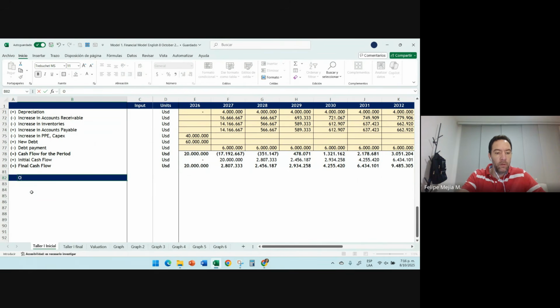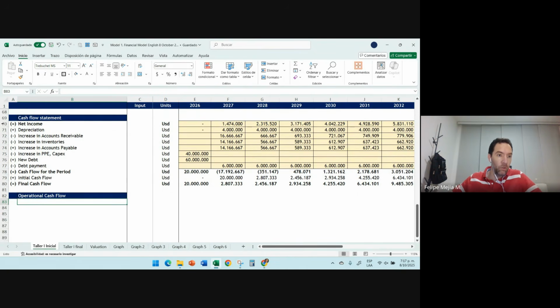The operational cash flow is very different from what we have here. So let's take a look at it. It does not start from the net income. Rather, it starts from the earnings before interest and tax.